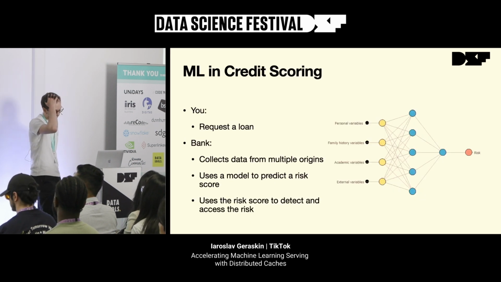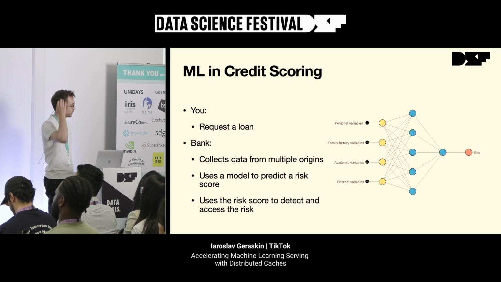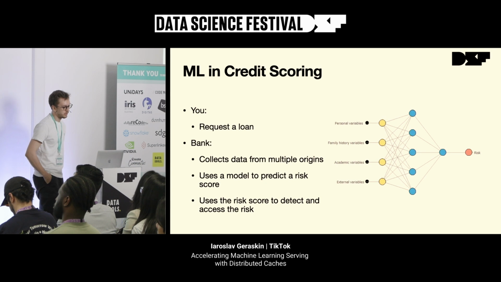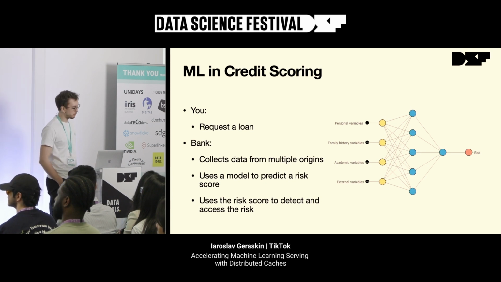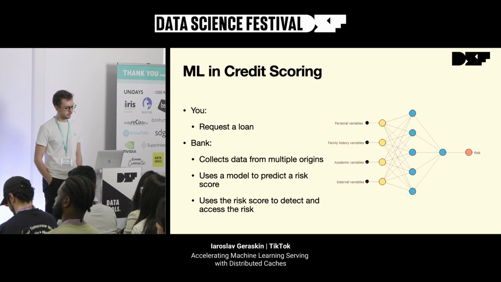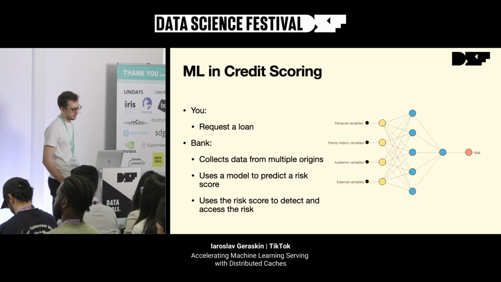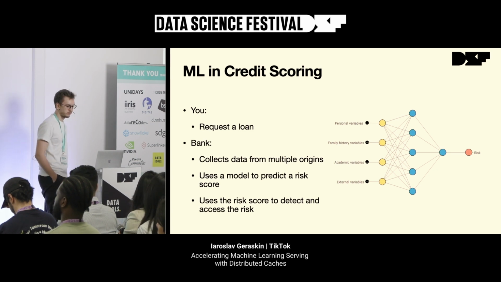So let's first think about a familiar example, machine learning in credit scoring. For example, you request a loan in a bank, and what the bank does is collect data from multiple origins, as depicted on the slide, and compute some risk score.